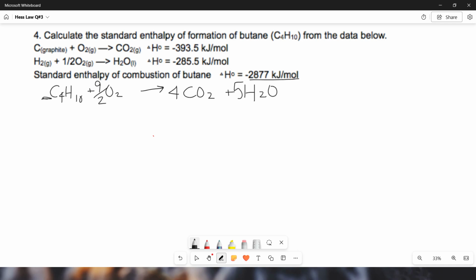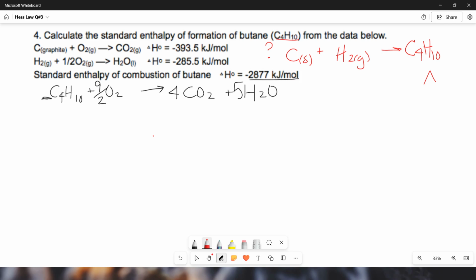Okay, so I have 3 reactions here. Now, I want to find a reaction. And what reaction is it we're trying to find? Well, we want to know the formation of butane. Butane is made up of carbon and hydrogen. So I'm going to take carbon in its solid form, and I'm going to combine it with hydrogen in its gaseous form to form C4H10.